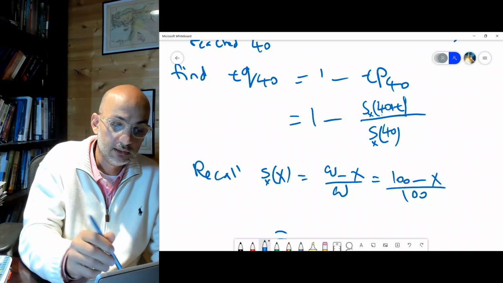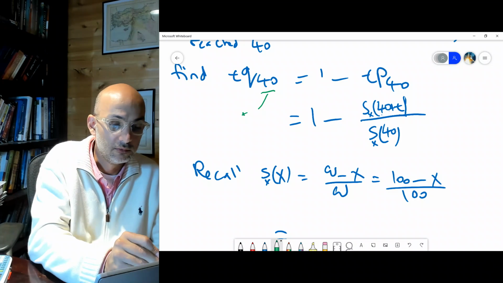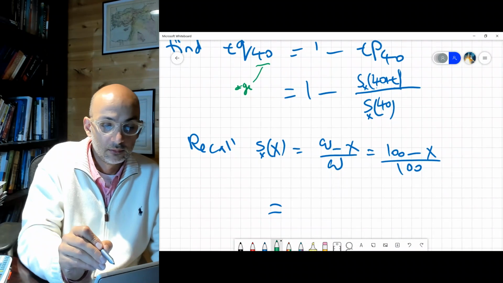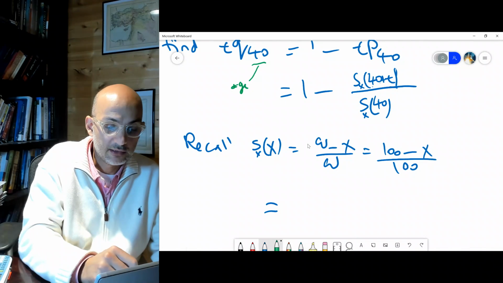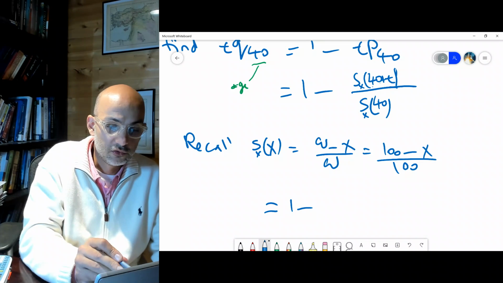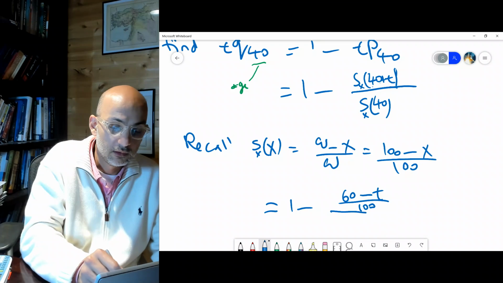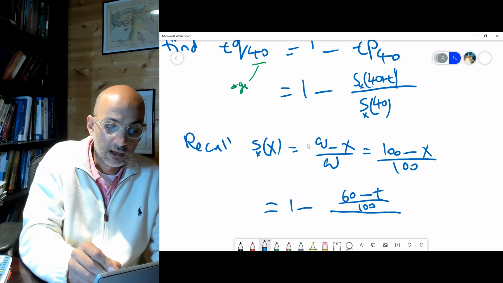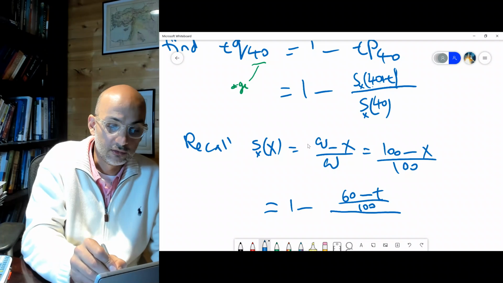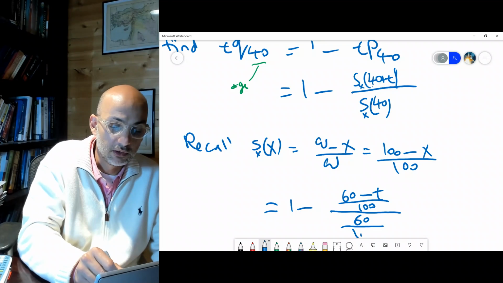So we take 1 minus s of 40 plus t, plugging in 100, it will be 60 minus t divided by 100. Everything is divided by s of 40, which is 100 minus 40, 60, divided by 100.